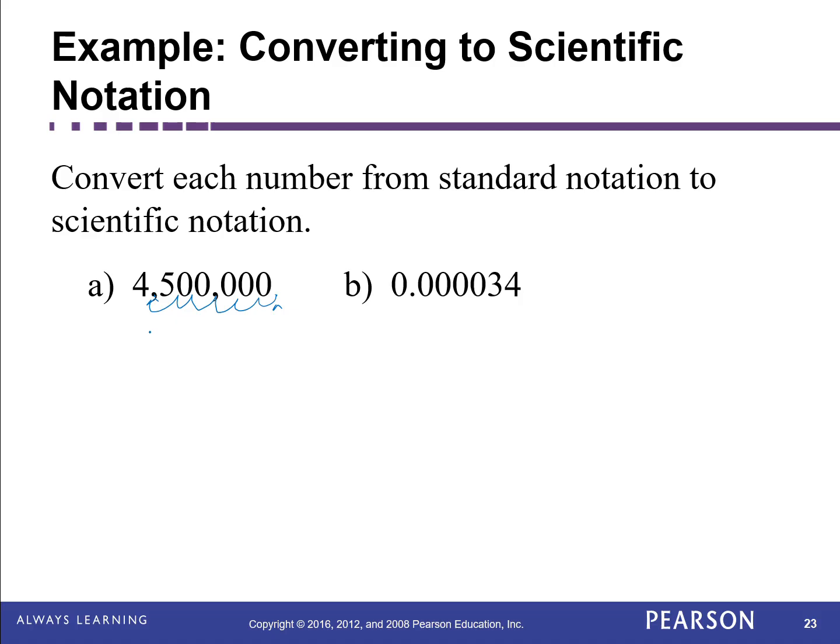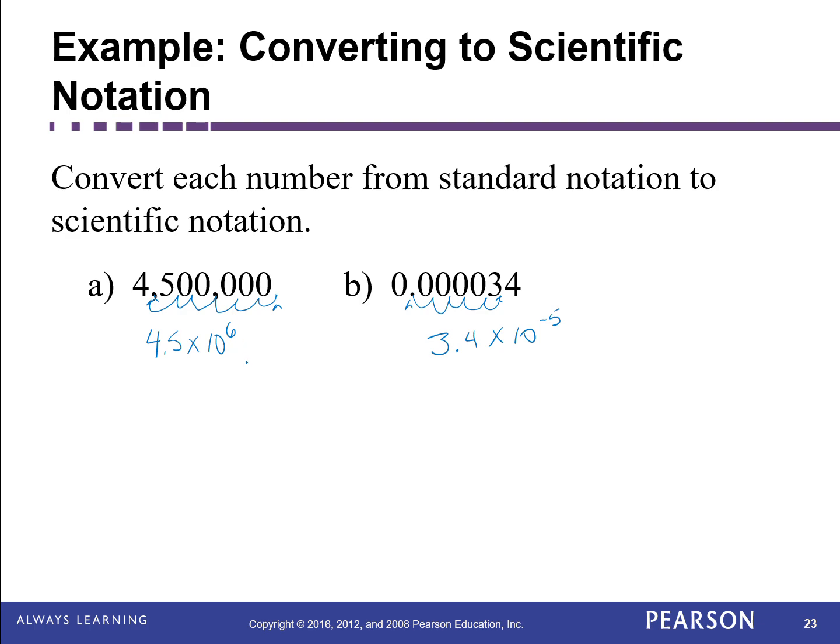All right, so we should have a 4.5 times 10. Because we moved it left, it's going to be a positive 6. Now for B, we're moving it right. So we're starting here. We're going 1, 2, 3, 4, 5. We'll put our new decimal there. So it should be 3.4 times 10 to the negative 5.